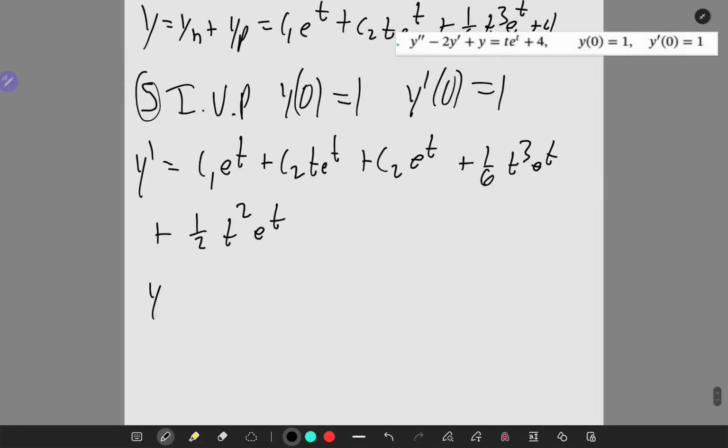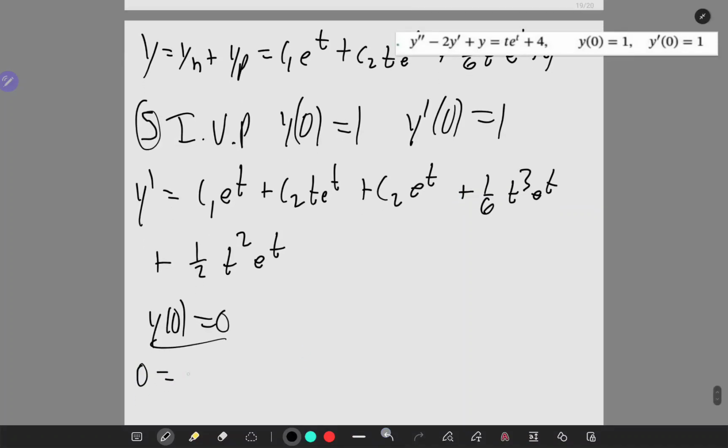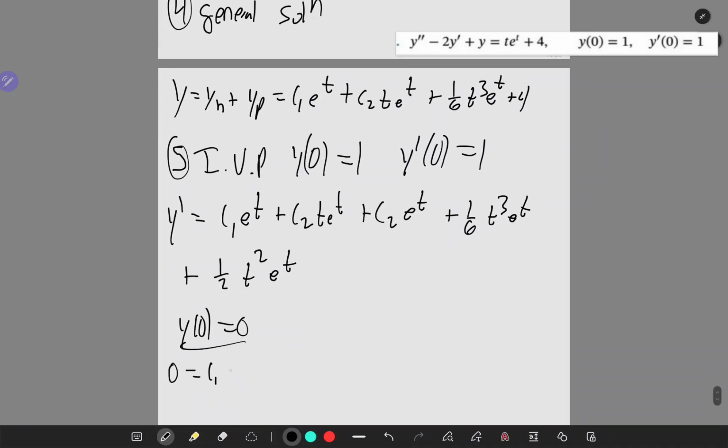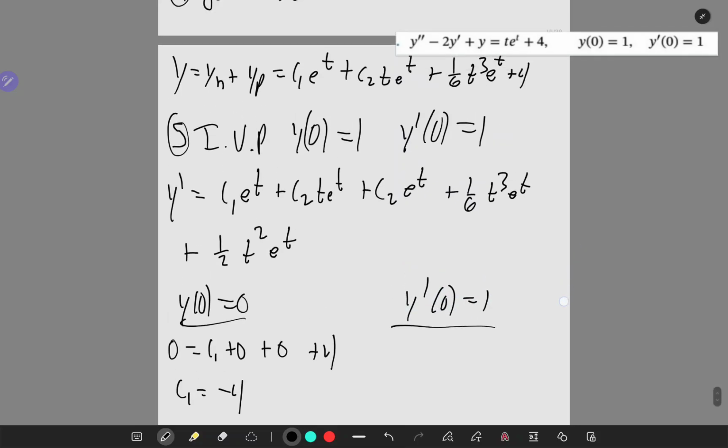Now let's do our y of 0 equals 1. This would be 0 is equal to c1 plus 0 plus 0 plus 0 plus 4. So c1 is equal to -4. Y prime of 0 is equal to 1.